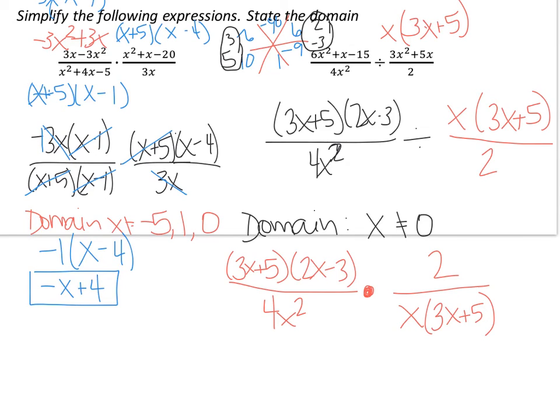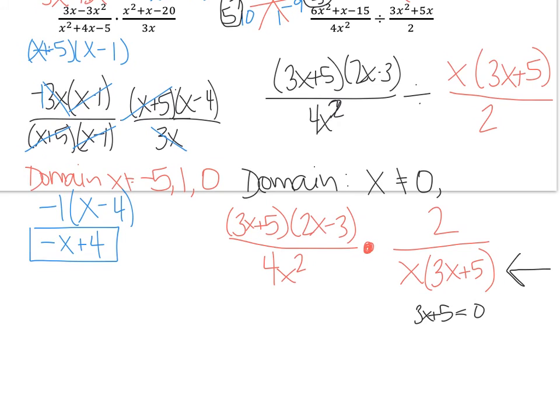So now that I flipped it, you notice I have a new denominator. So that means I have to go back to my domain and say, okay, what else would make this denominator 0? This x out front, the only thing that would make it 0 is if it was 0, and I already have 0 in my domain. 3x plus 5, this one's a little trickier, so I'm going to set it equal to 0.